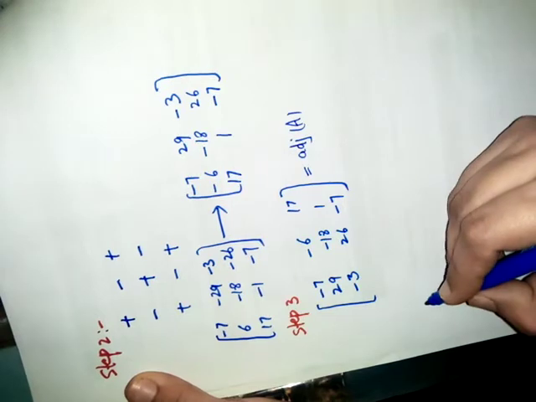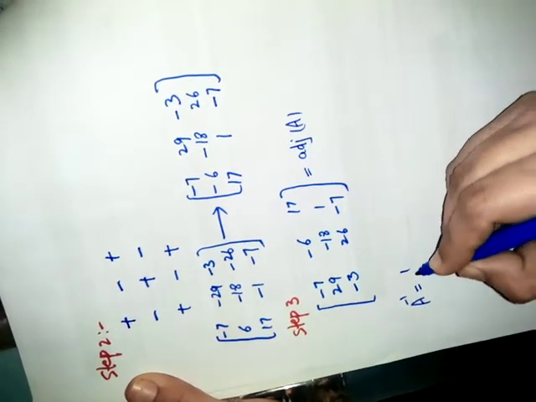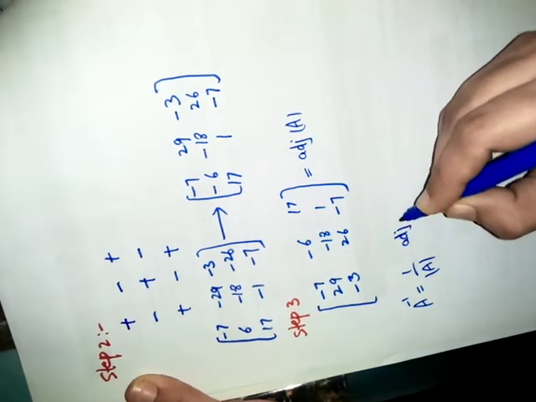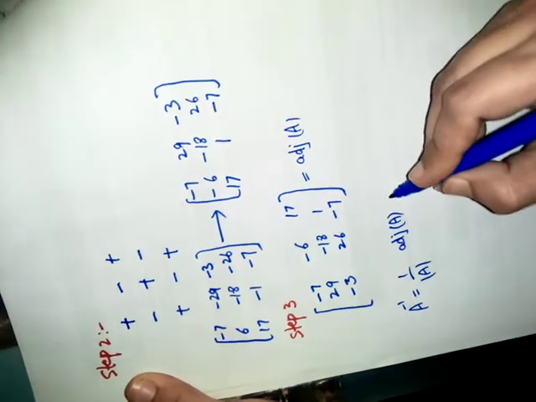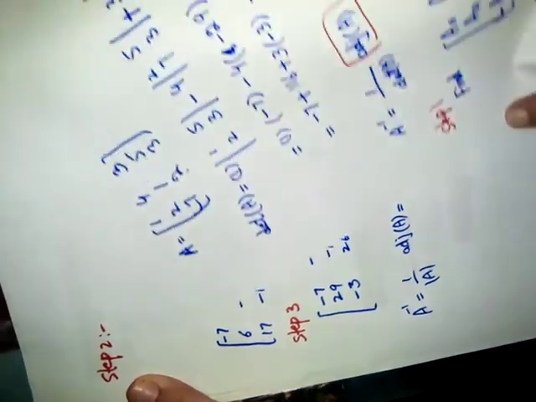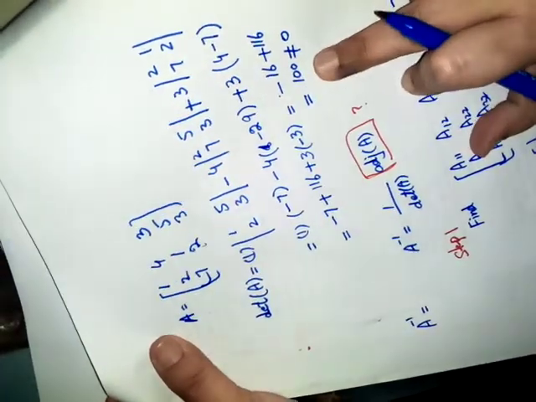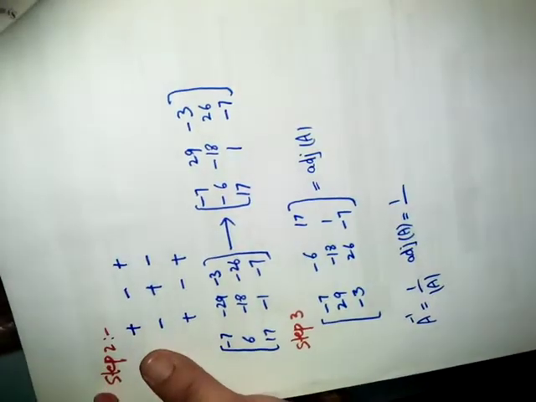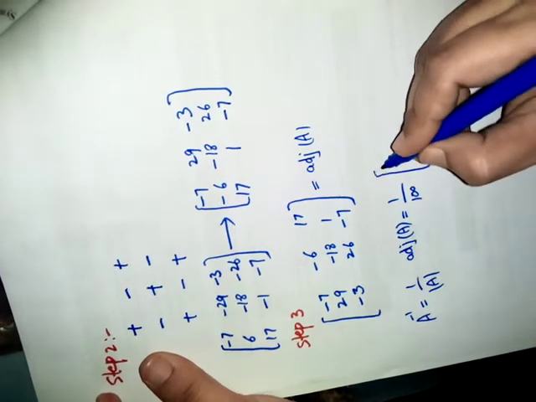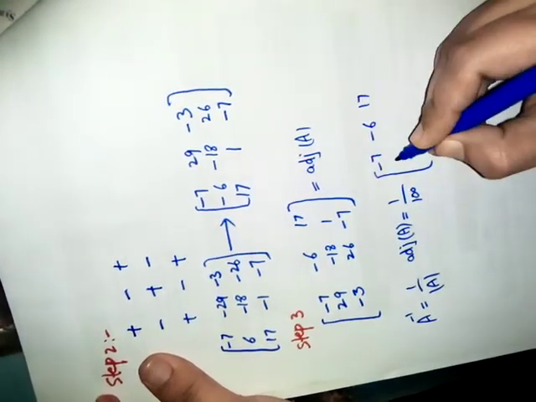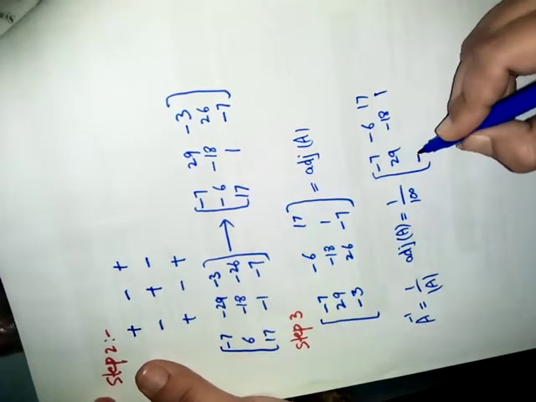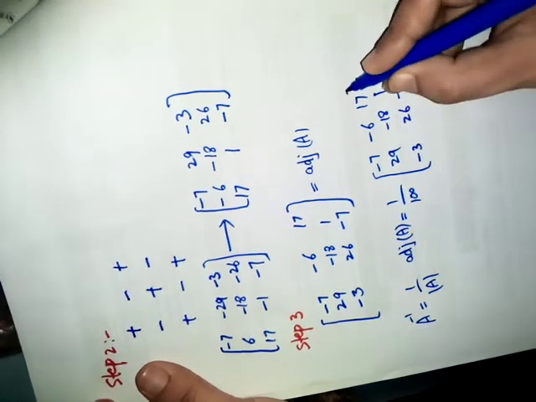So what will be A inverse? 1 over determinant of A into adjoint of A. 1 over determinant of A which we evaluated, it was 100, and adjoint of A is minus 8, 1, minus 3, 26, minus 7.